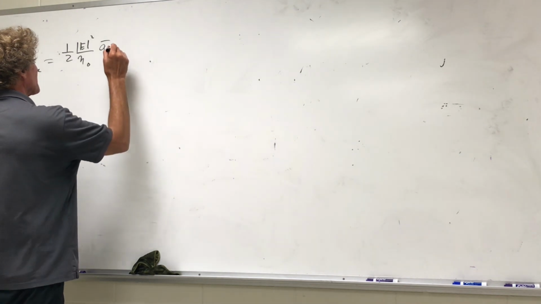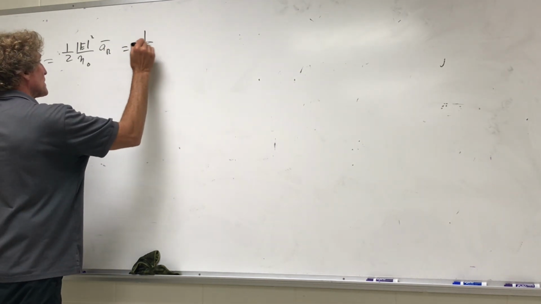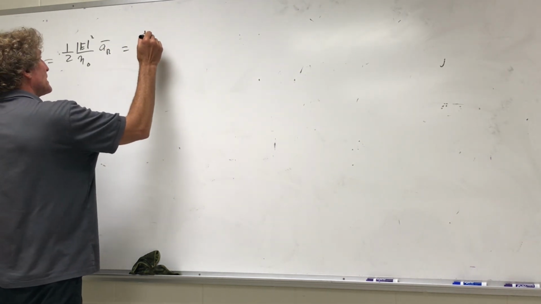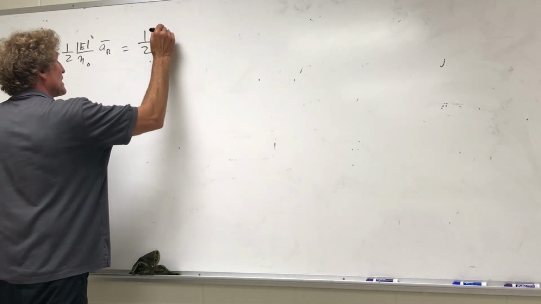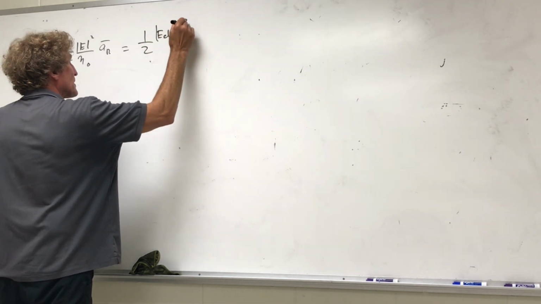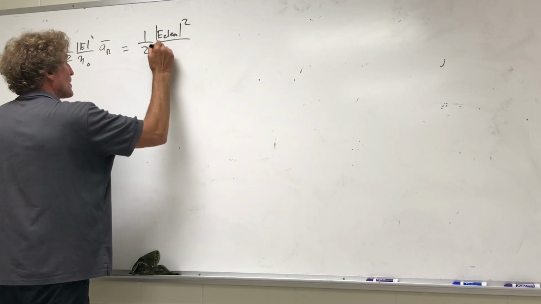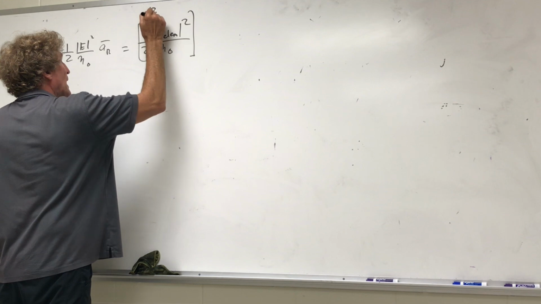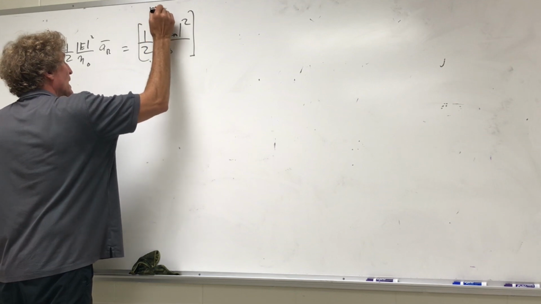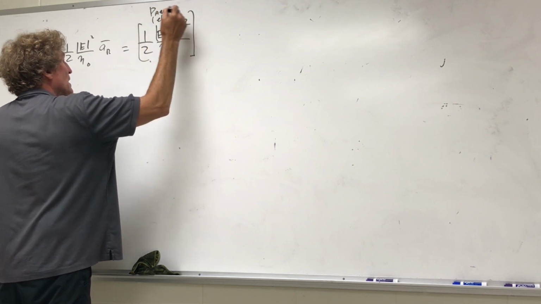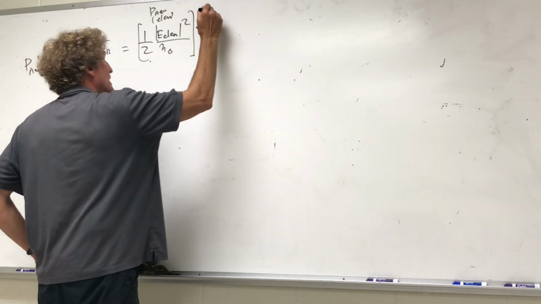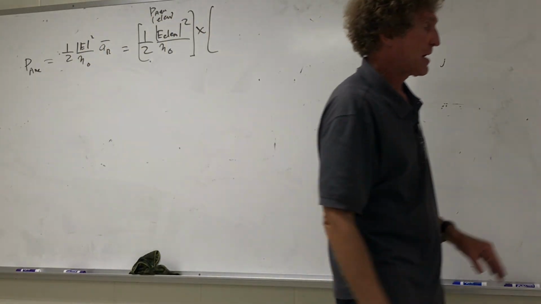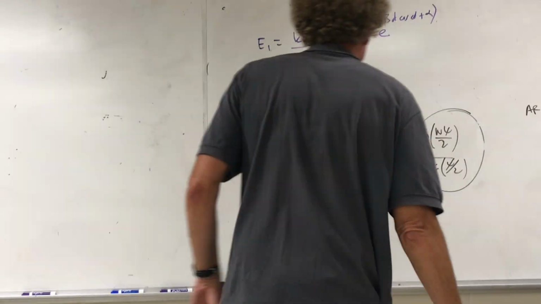If you think about this, this is going to be 1/2, and here we can take E of the element, magnitude squared over eta naught, and this that I'm putting here is the power density, P average, for a single element. And we're going to multiply that by the magnifying power of this array. Now the phase I don't care about.